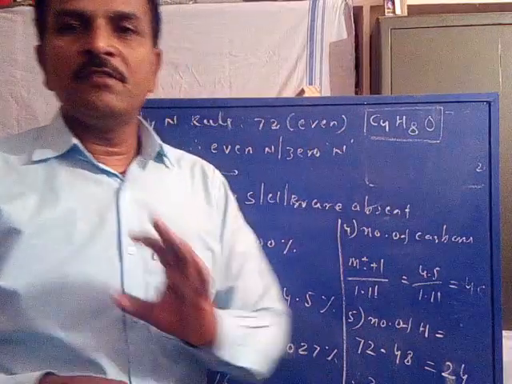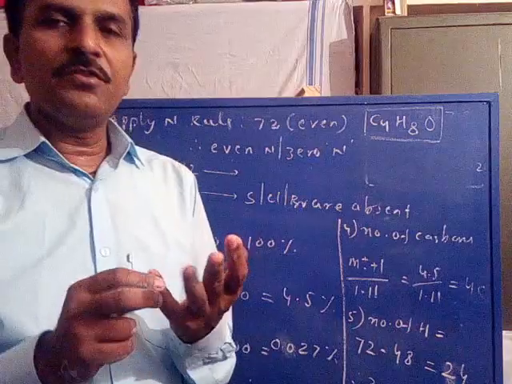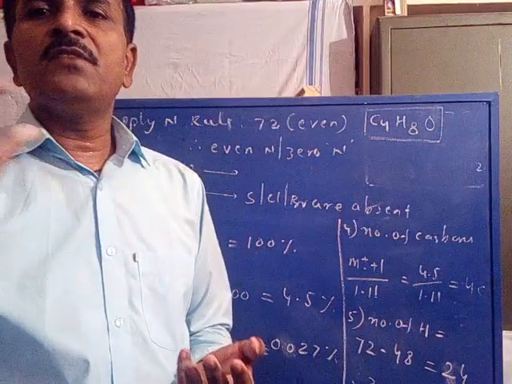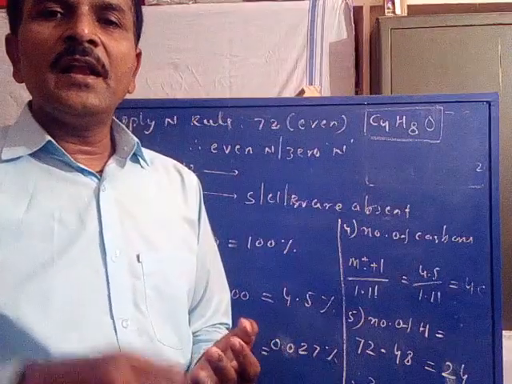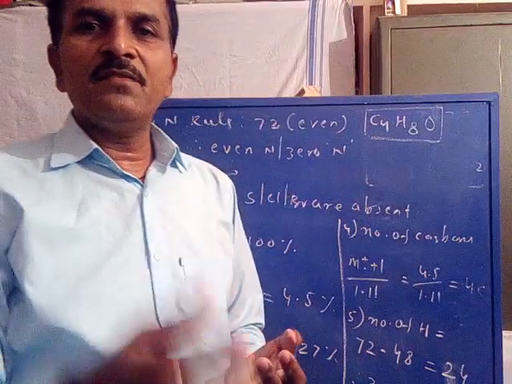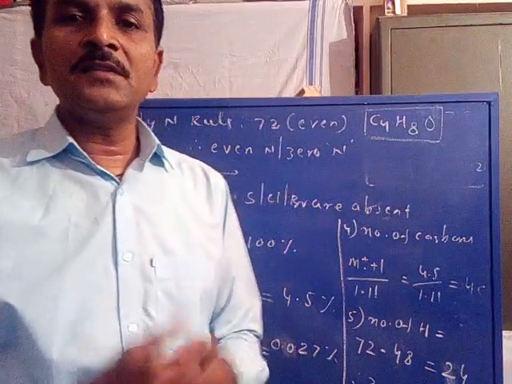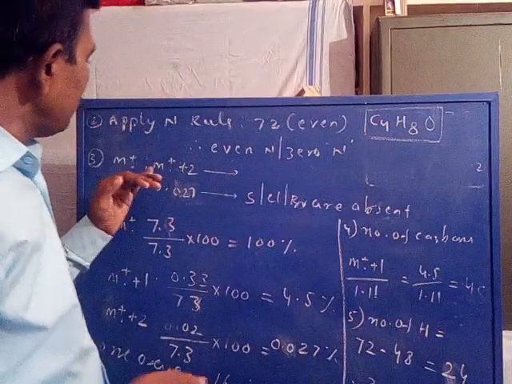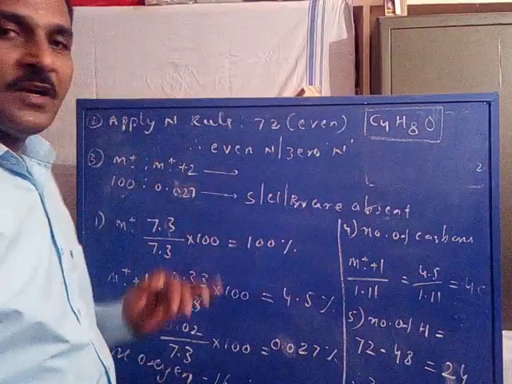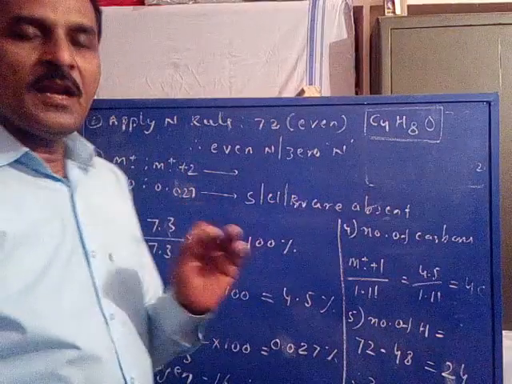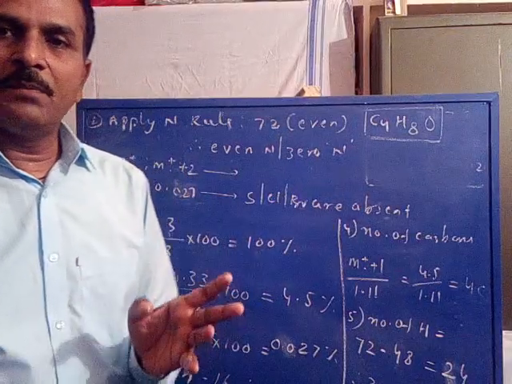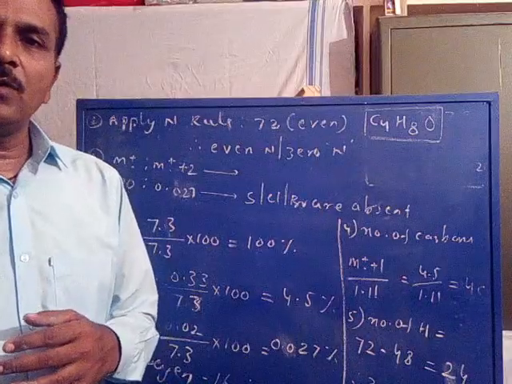For the calculation of molecular formula, number 1, first we should select a series of signals in the mass spectrum as well as their relative abundance percentages. Then we have to apply the guidelines. First guideline: if the molecular ion signal intensity is not 100%, then we have to raise its intensity to 100%.